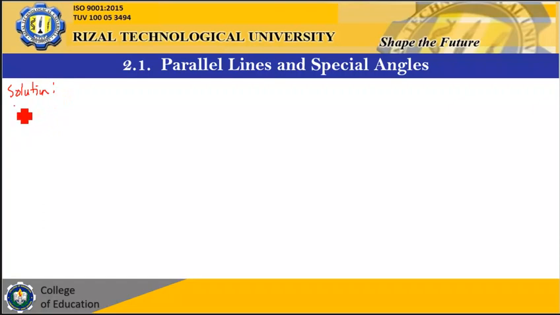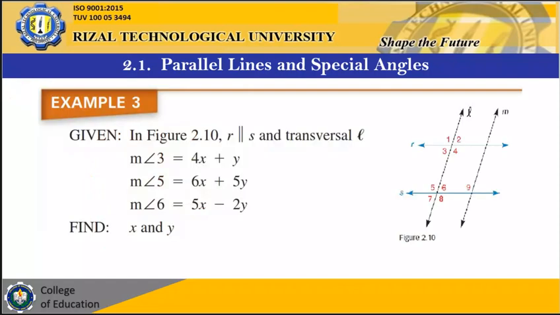Angle 3 and angle 6 are alternate interior angles. Since they are alternate interior angles, then they are congruent.